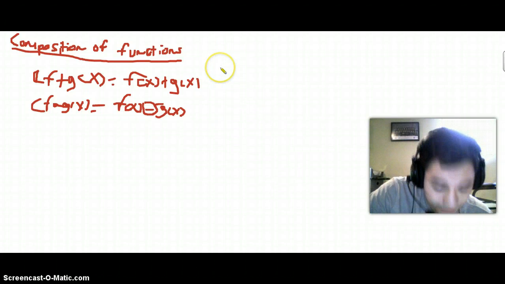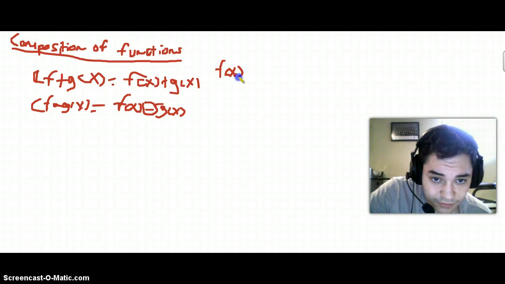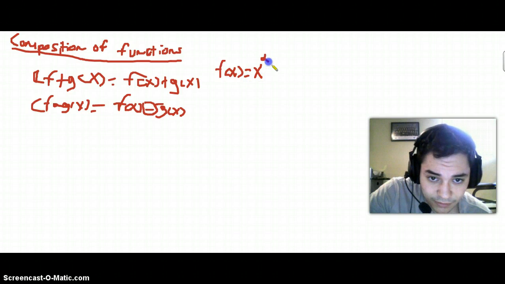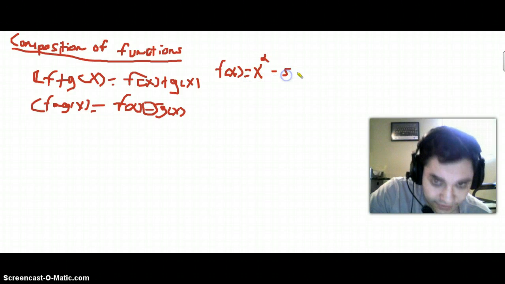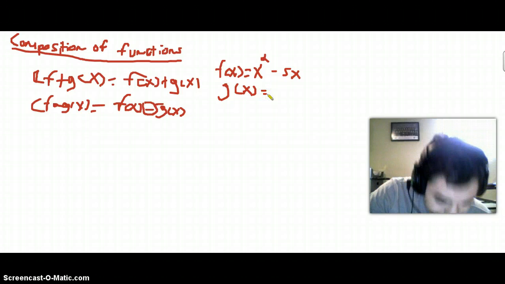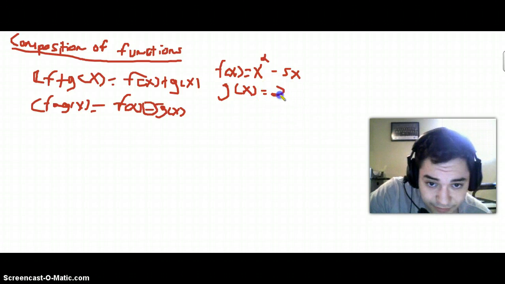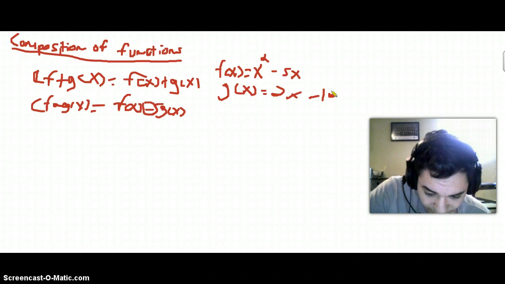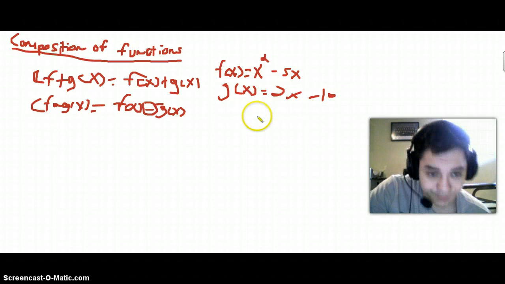If we're given f of x is equal to x squared minus 5x, and g of x is equal to 2x minus 10, then what we have to do here, it says find f minus g of x.